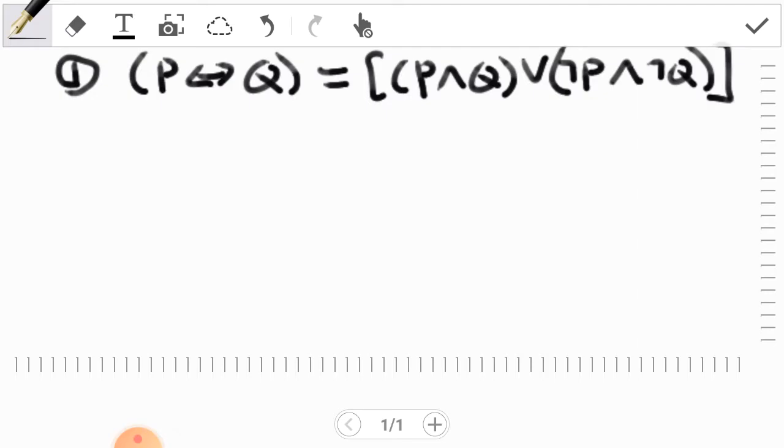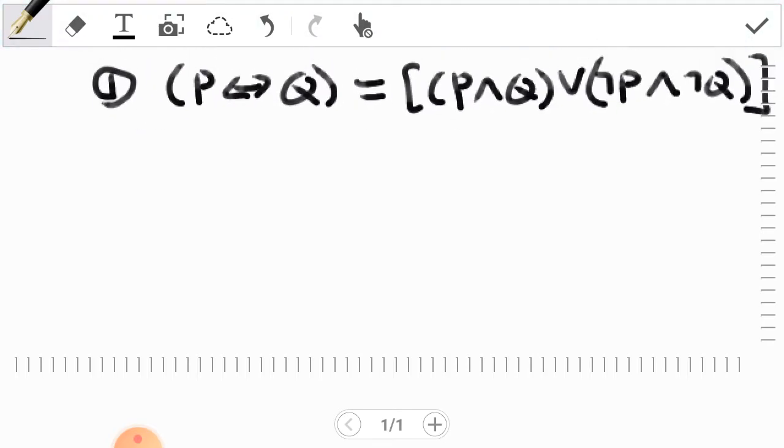You can work with the right side, manipulate it until you come up with the left side of the equation. So I'll just do one side. Maybe I can choose the left side, show that it is equivalent to the right side, and later on, I can give that as an exercise for you. You can work with the right side, show that it is equivalent with the left side.